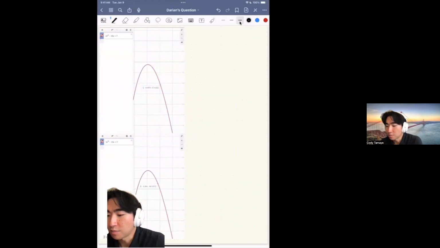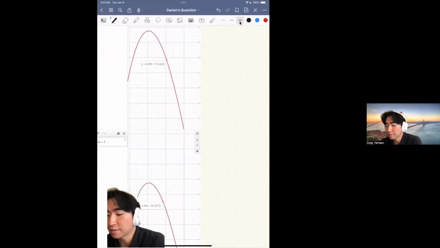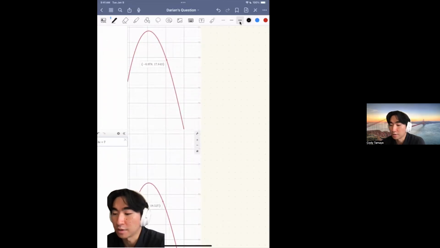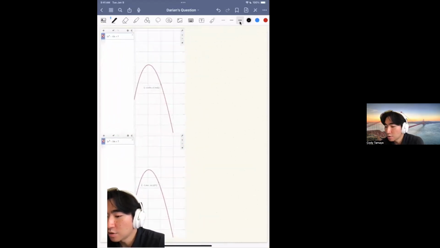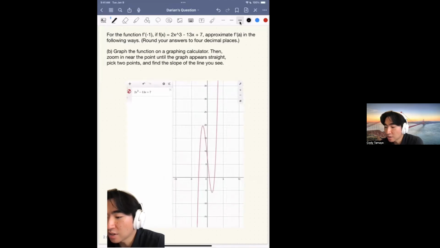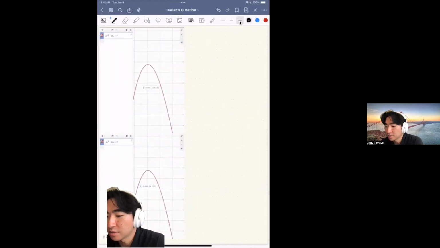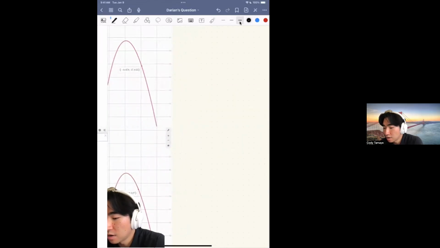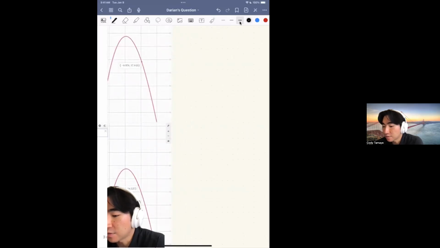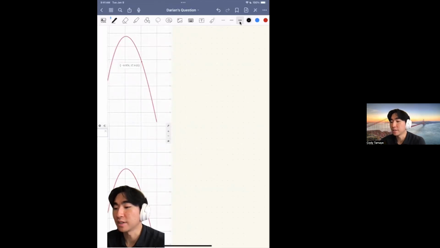Here I've chosen some arbitrary points to the left and to the right of x equals -1. Using this, it says calculate the slope of the line that you see. Knowing that this top value is to the right of -1 and this bottom value is to the left of -1, we'll plug this in.